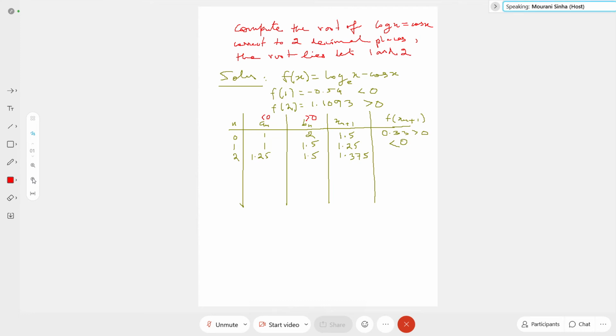So what we got, the function positive or negative? Positive. Okay. So next iteration, positive means 1.25 remains the same. That means the negative column remains the same and the new xn plus 1 goes to the positive column.